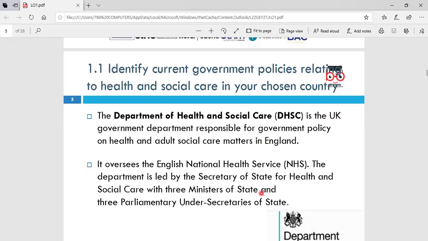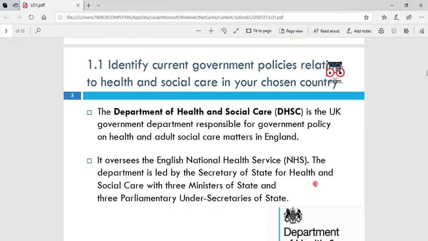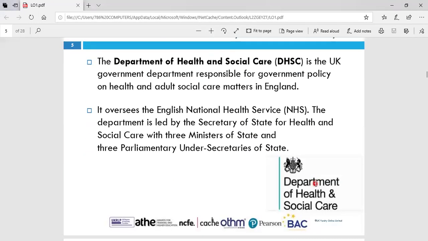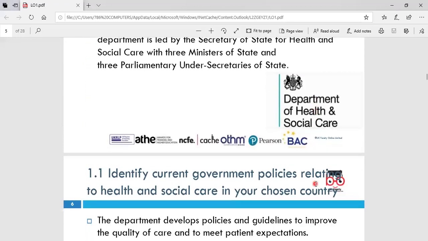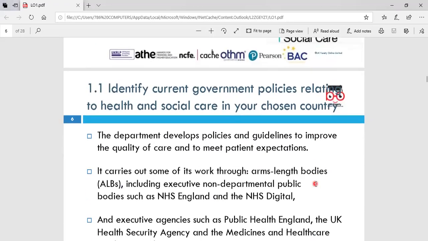So you have the Secretary of State for Health and Social Care, you have 3 ministers of state, and you have 3 parliamentary under secretaries of state. Okay, so there are a total of 6 people working under the Secretary of State. This is the way the government, the NHS, is set up, the main NHS.